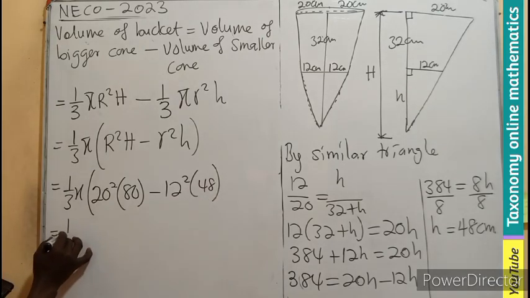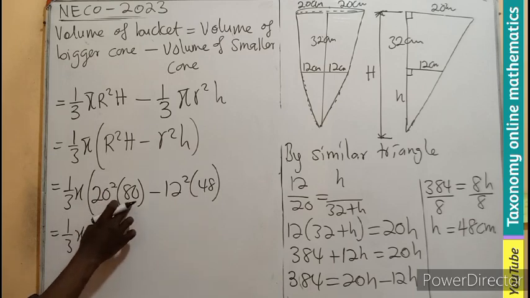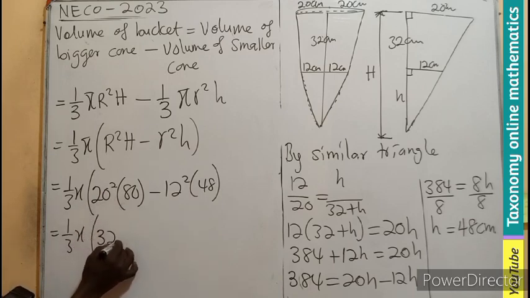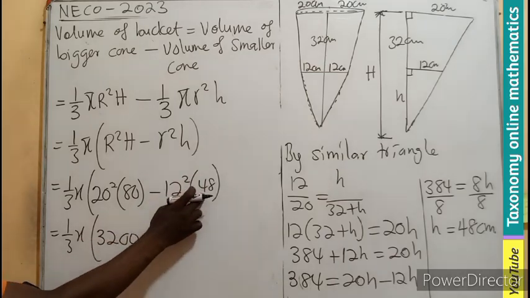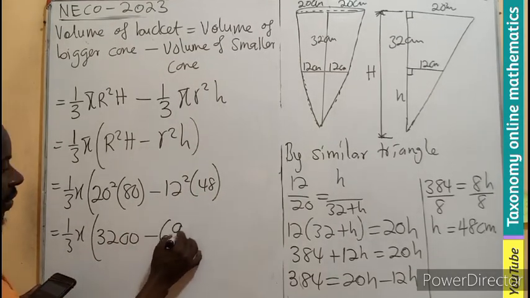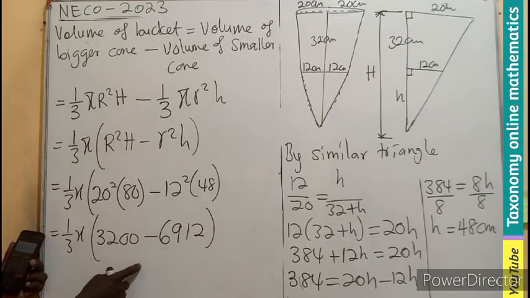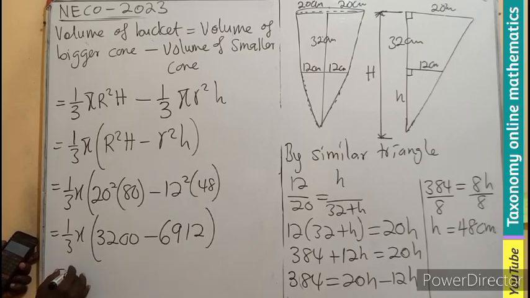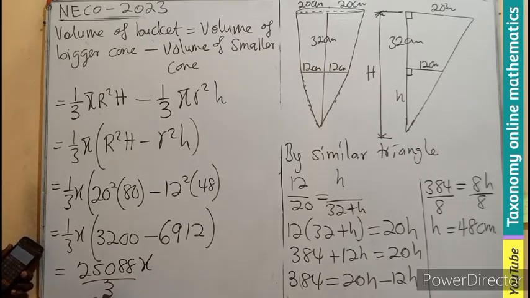We still maintain 1/3 pi. This will be 400 times 80, so 32 with 3 zeros, minus 144 times 48, and that will give us 6912. Let's perform the subtraction, and that will give us 25,088 here times pi divided by what? 3.